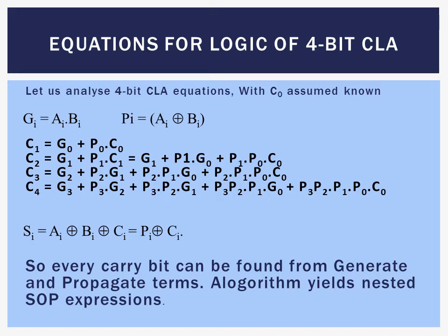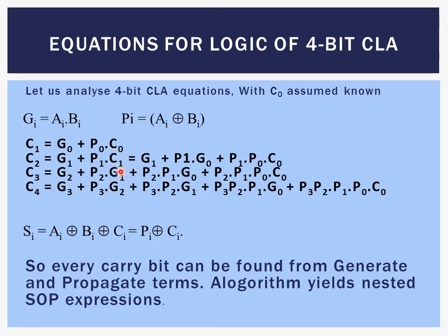Now let us look at the equations for logic of 4-bit CLA. Let us analyze these 4-bit CLA equations with C0 assumed to be a known value. So I can write definitely C1, that is Ci plus 1, as Gi plus Pi into Ci, that is G0 plus P0 C0. Similarly, I can write C2 is equal to G1 plus P1 into C1.